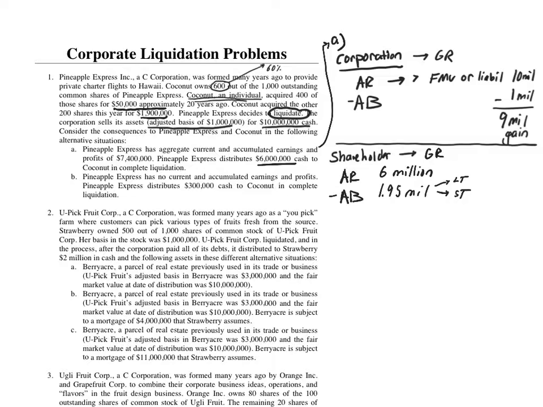Why? Because some of it was purchased 20 years ago and some of it was purchased earlier this year. So the problem is going to be, and we're going to do this next class, we have our amount realized and adjusted basis, but how do we determine what portion of this transaction is long-term, what's short-term? Because it's obviously going to be gain, right? Does everyone see that? It's going to be gain. And we'll pick up with that next class.